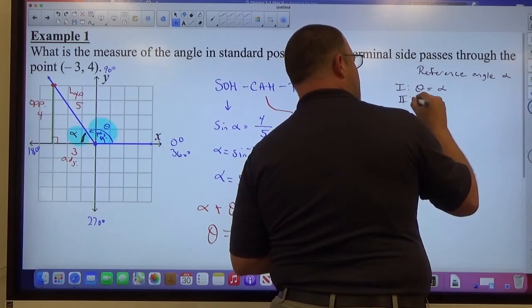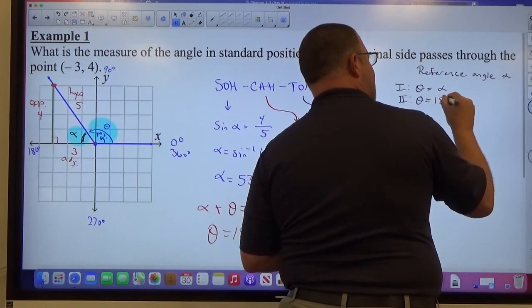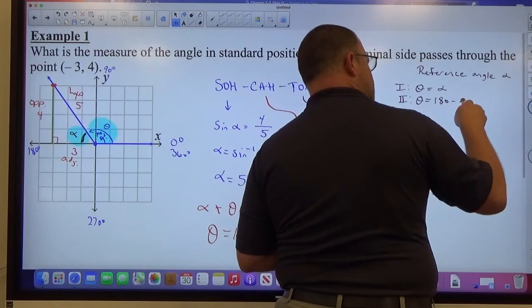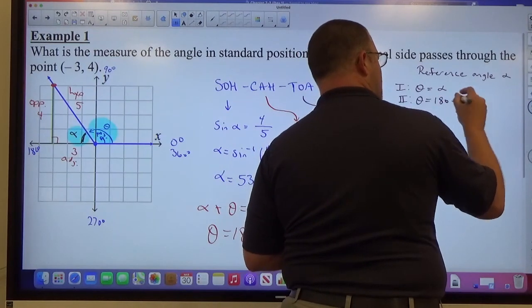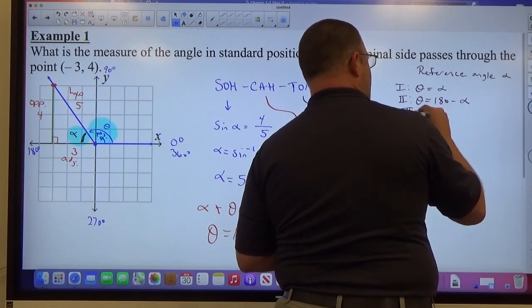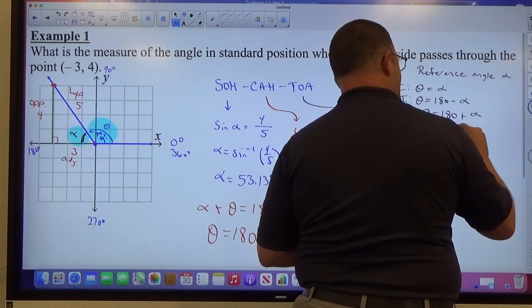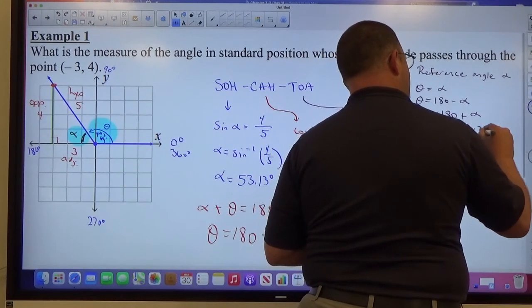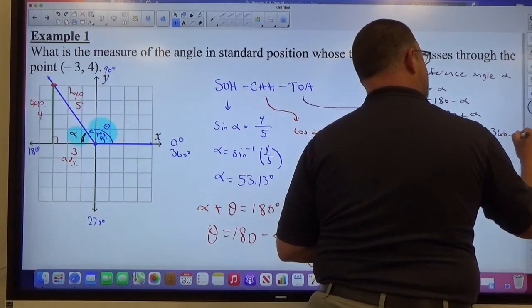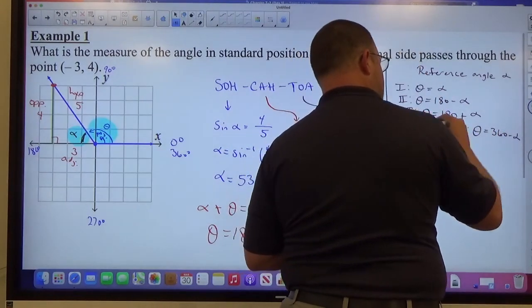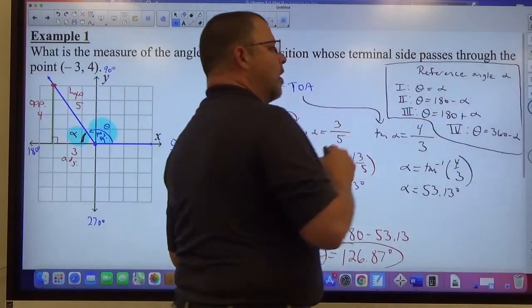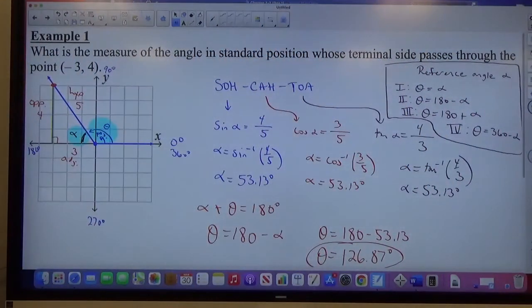Quadrant 2, theta equals 180 minus alpha. Quadrant 3, theta equals 180 plus alpha. And quadrant 4, theta equals 360 minus alpha. This problem only dealt with the second quadrant angle, but that's the relationship with the reference angle in each case.